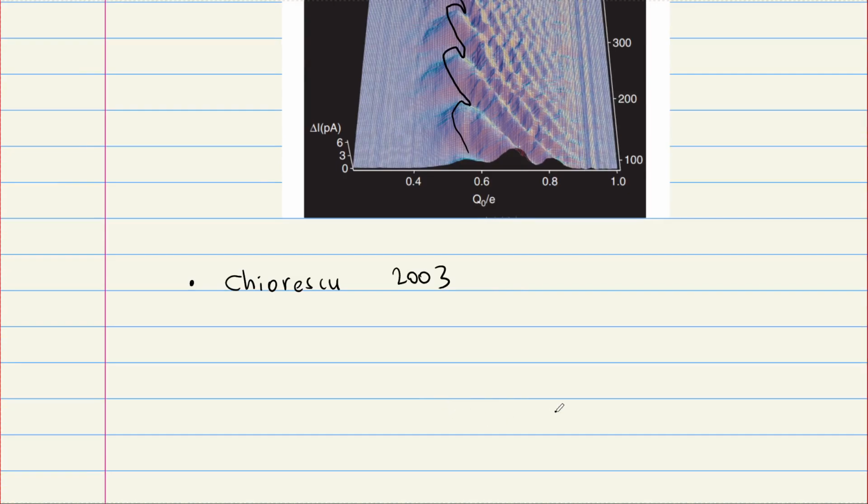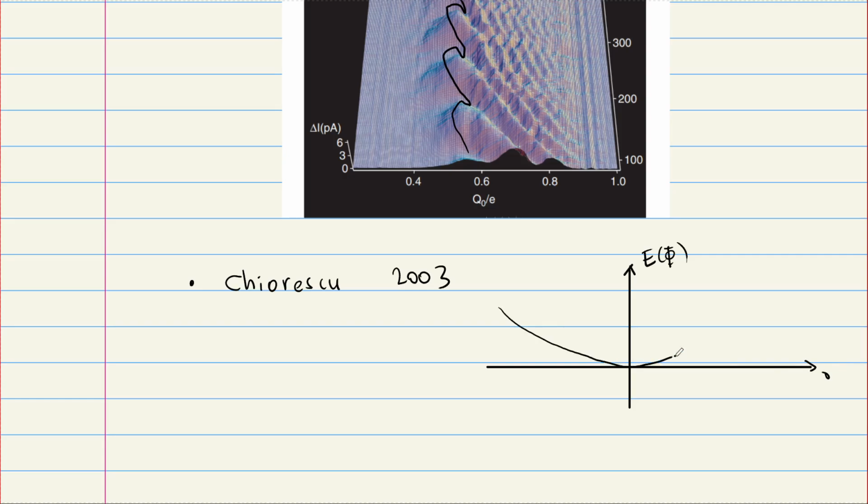In short, if you remember our flux quantization argument, we had something like this. So this was E of flux, this was flux, and if you remember we had something like this.